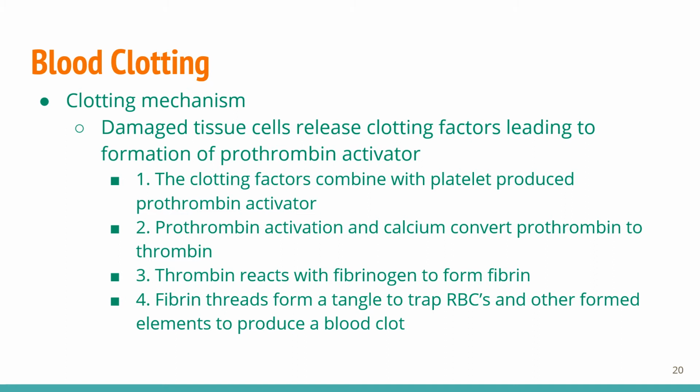So the clotting factors combine with the platelets to produce this prothrombin activator, and then the prothrombin activator and calcium then help convert the prothrombin to thrombin, and then the thrombin reacts with the fibrinogen to form fibrin, and then the fibrin threads then form like this little tangle to help trap the red blood cells and other formed elements that actually produce the blood clot or a scab. Basically, it's kind of like one activates the other to the other, and then eventually you have that scab.